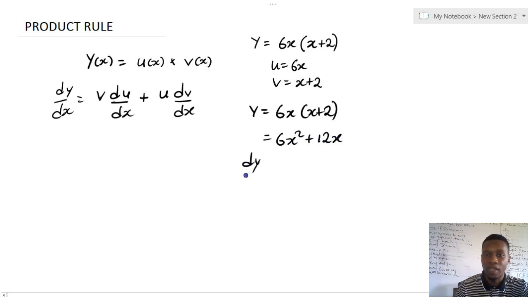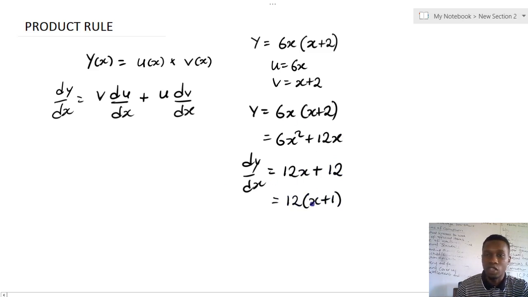If I take dy/dx, the 2 comes down and multiplies 6 to give 12x, subtracting 1 from the power. Then for 12x, the power 1 comes down and subtracting 1 gives 0, so x turns to 1, leaving 12. So our answer is 12x plus 12, which I can simplify by factorizing 12 out to get 12(x plus 1).